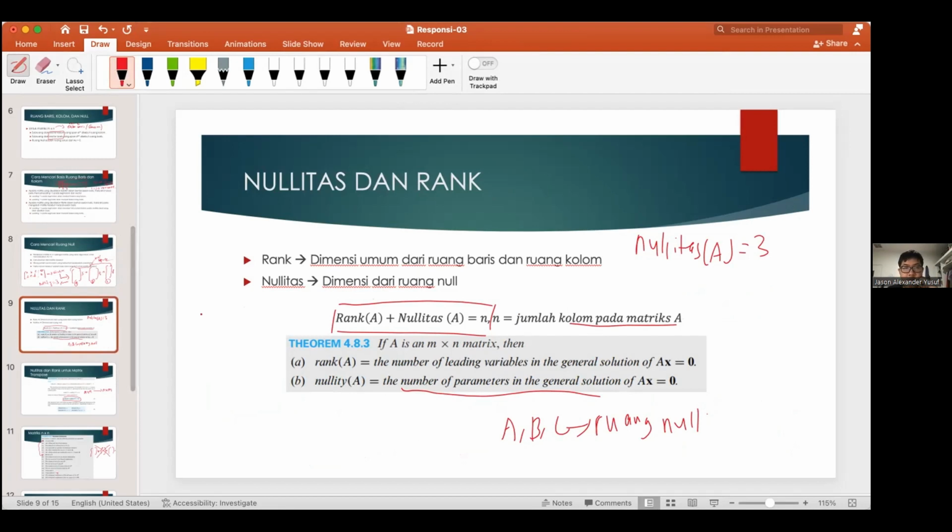So basically, in the previous case, we have 3 columns, right? In the previous case. Therefore, your rank is equivalent to 0. And we know that the nullity is 3, so therefore, rank plus 3 equals to 3. Cancel, cancel. Rank is 0.